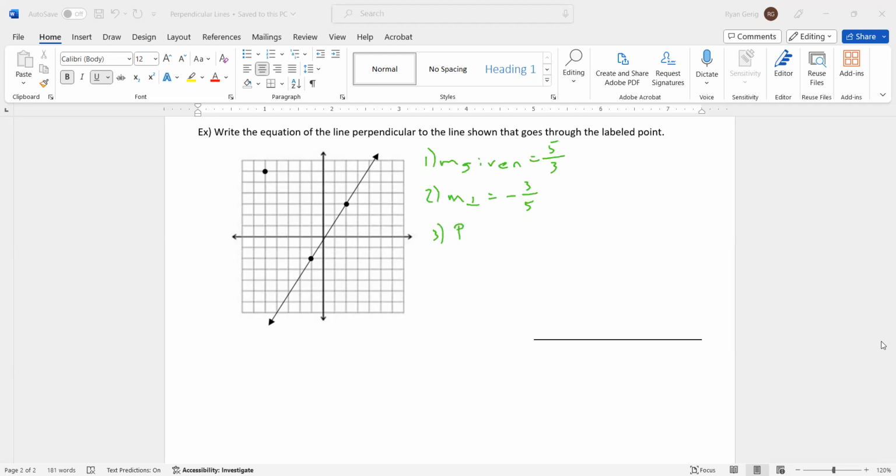The point that we have is -5, 6. So here we go. y minus the y coordinate is -3/5 times x minus the x coordinate. I'm going to go ahead and put this one in slope-intercept form.